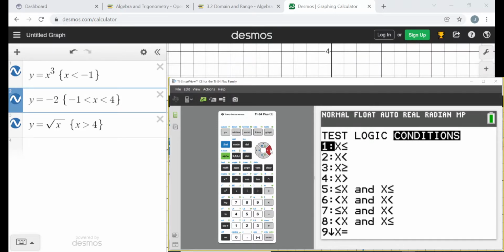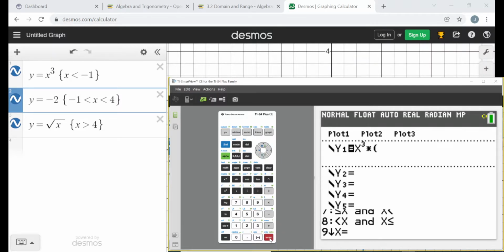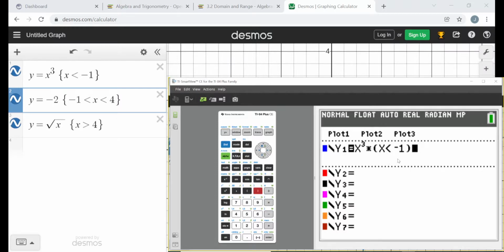Oh, okay, so you go to conditions. This will be a lot faster. The first condition was x needed to be less than -1. Put that in parentheses. Let me show you what happened.